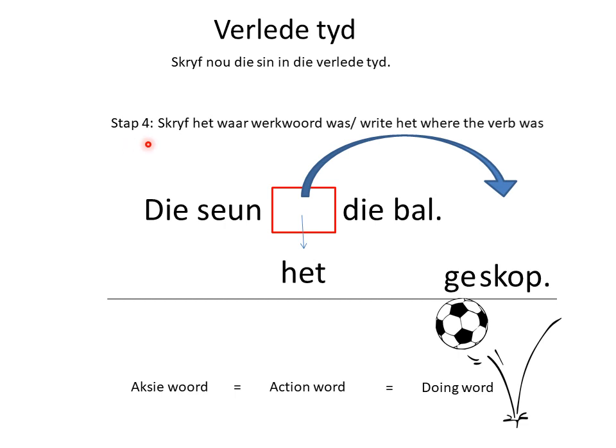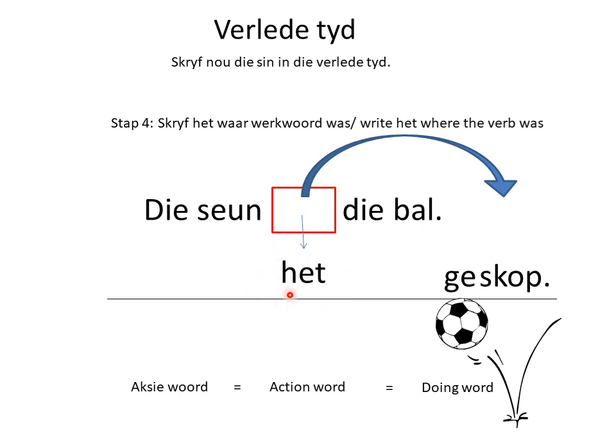Step 4. Skryf het waar die werkwoord was. Write het where the verb was. We've taken this verb, we moved it to the back and we left one big hole. So what do we do now? We need to fill that hole with the hulpwerkwoord.